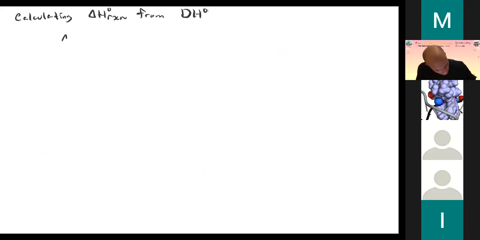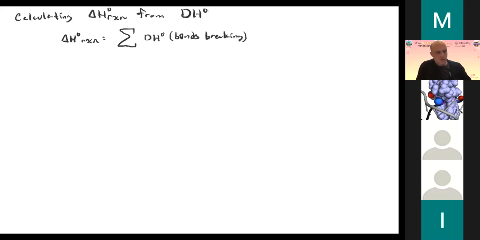The enthalpy of a reaction is equal to the sum of the homolytic bond dissociation energies of the bonds that are breaking, minus the sum of the homolytic bond dissociation energies of the bonds that are forming.